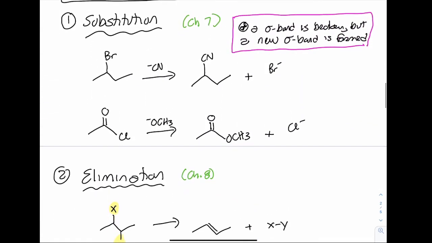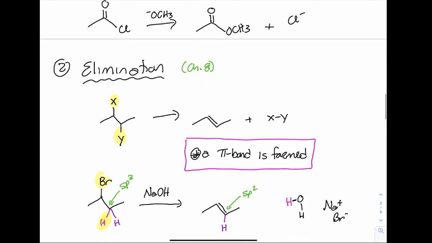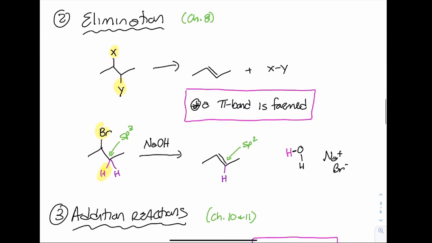So just going back up and reviewing these real quick. So substitution is kind of nice. The name tells us what we're doing. We're literally substituting. So we're replacing one group with another group. We're breaking a sigma bond and then making a new sigma bond because we're replacing it, right? We're not just getting rid of it. Elimination, we're removing things from adjacent carbons, and then a pi bond is going to form between those adjacent carbons. So the things that you eliminate have to be from adjacent carbons. It might be worth adding that.